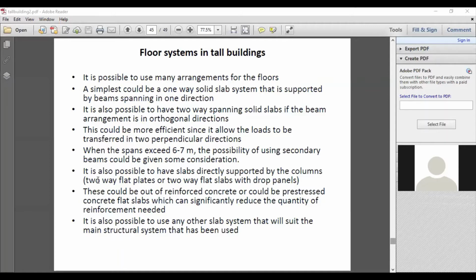In addition to that, this is the basic system where we have beams and slabs. We can also have flat slabs or two-way spanning slabs. And in the case of flat slabs, we can again have two variations.